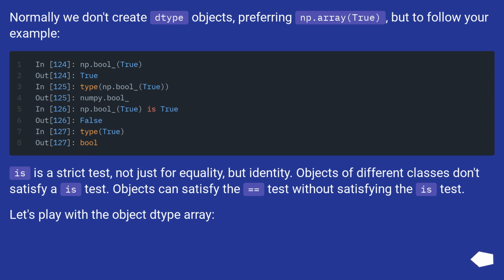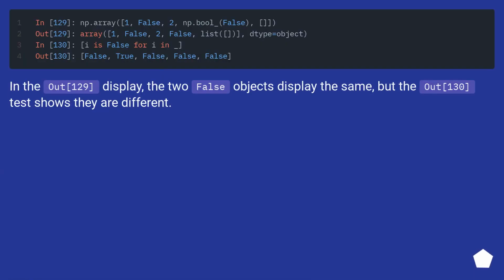Objects can satisfy the equals test without satisfying the is test. Let's play with the object type array. In the Out 129 display, the two False objects display the same, but the Out 130 test shows they are different.